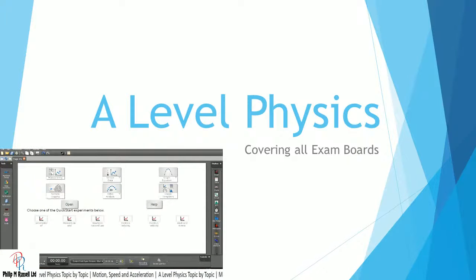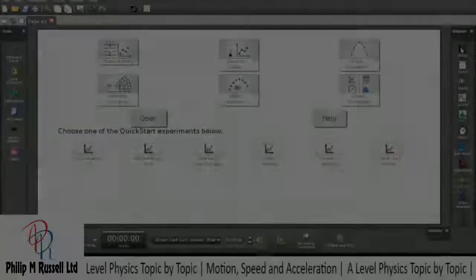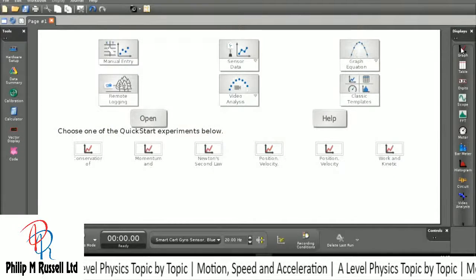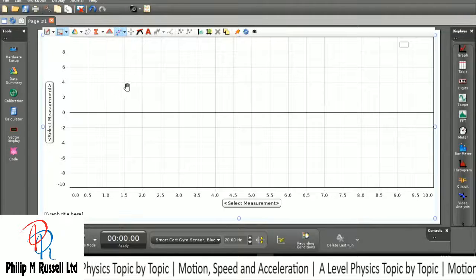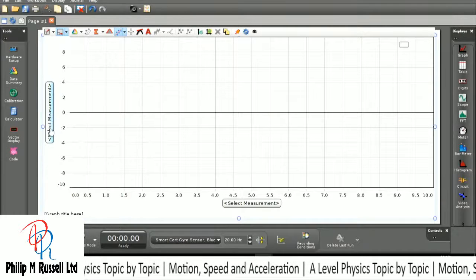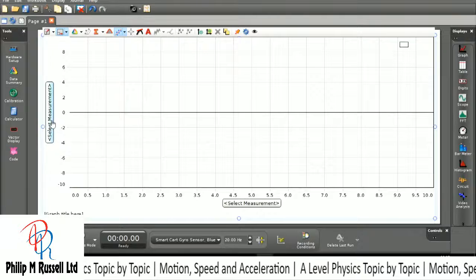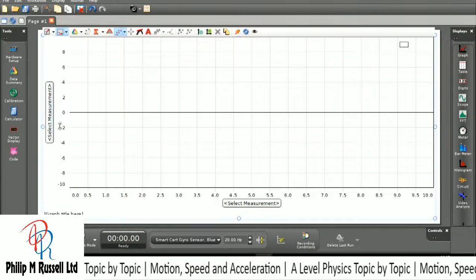I've got some special software here. This is Pasco Capstone, and we're going to try to draw a simple graph. We're going to try and graph an equation, and I think I'll just draw a graph, it'll be easier. There. Now I'm going to choose what my axes are going to be.